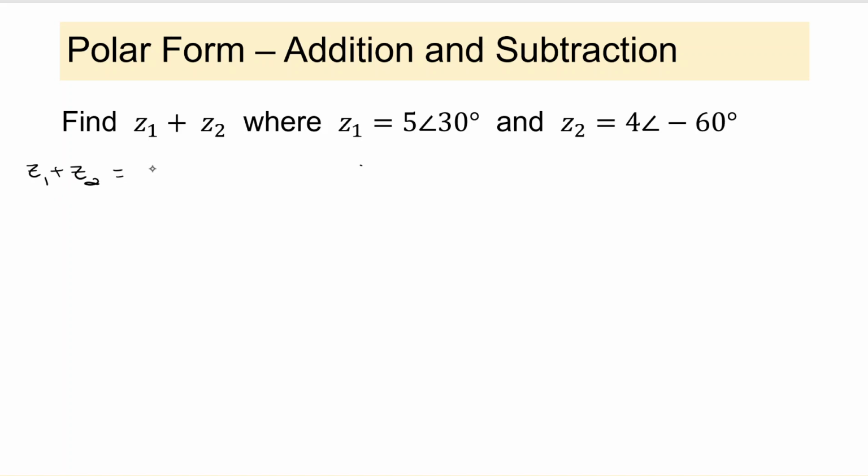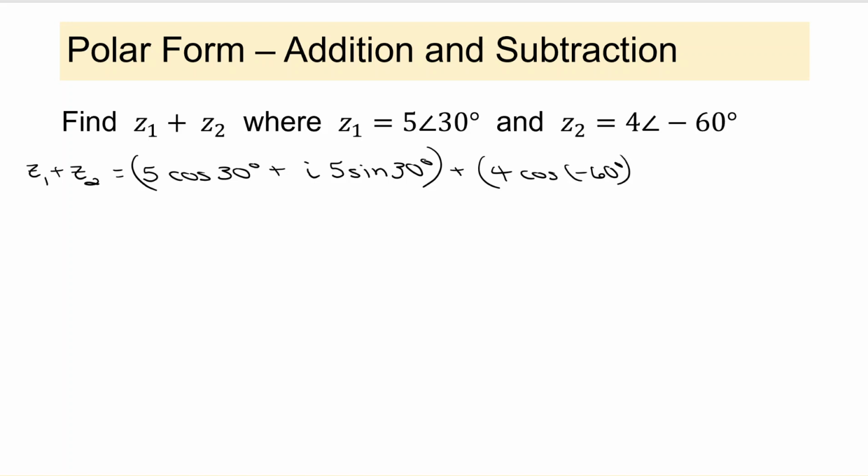That's going to be 5 times the cosine of 30 degrees plus i times 5 sine 30 degrees. So that's our Z1. And to that, I'm going to add Z2, which in trig form is 4 cosine negative 60 degrees plus i times 4 sine of negative 60 degrees.